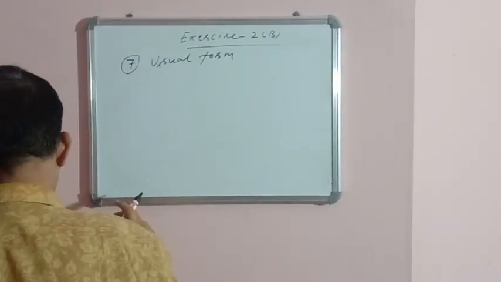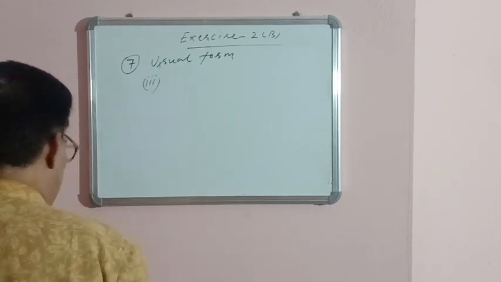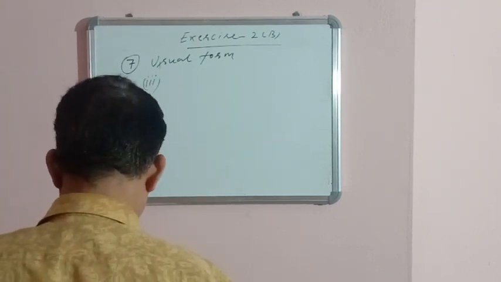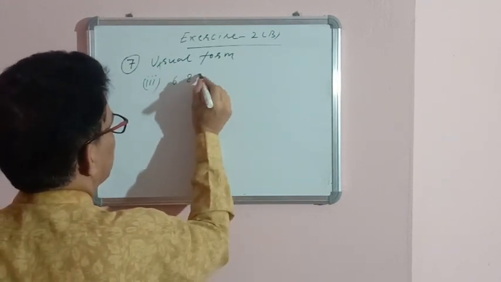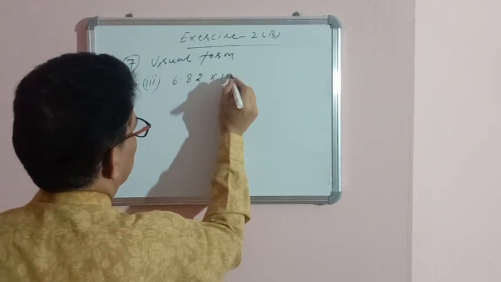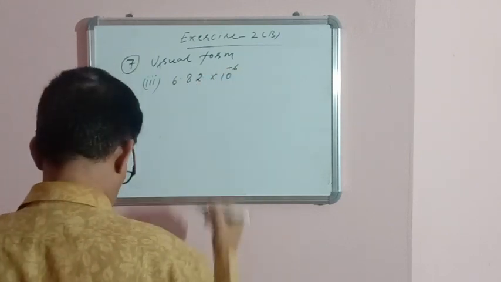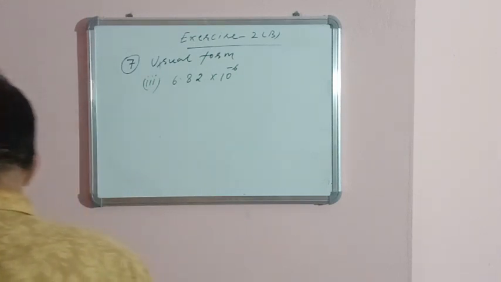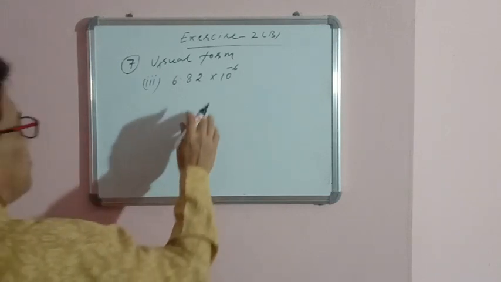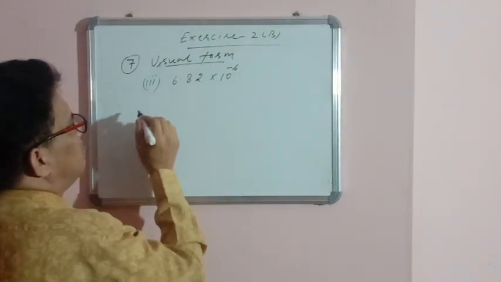Next, the third part. 6.82 into 10 power minus 6 is given in standard form and we have to write it in usual form.